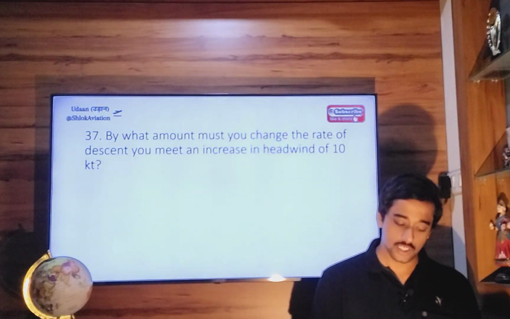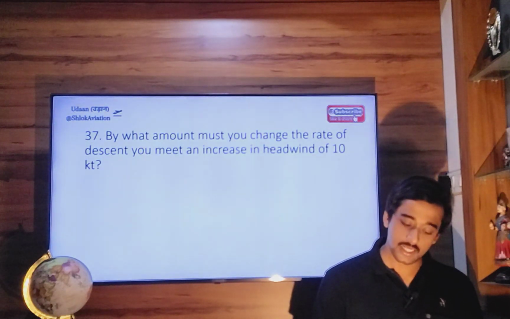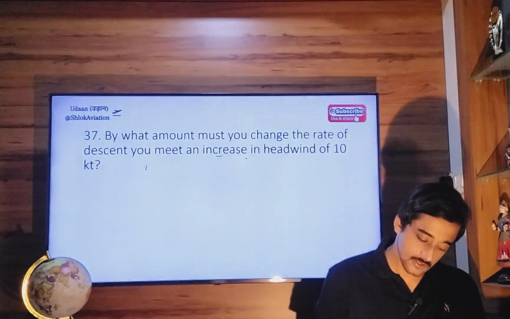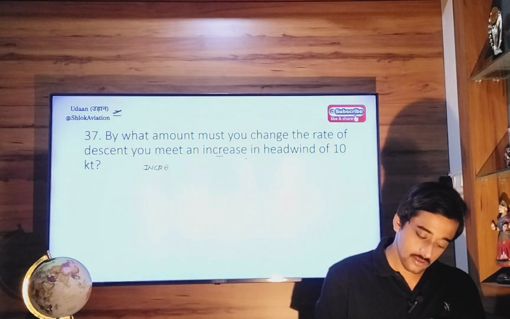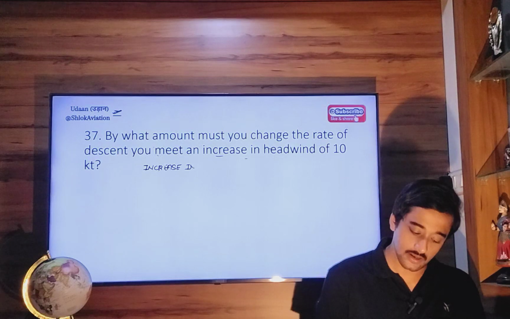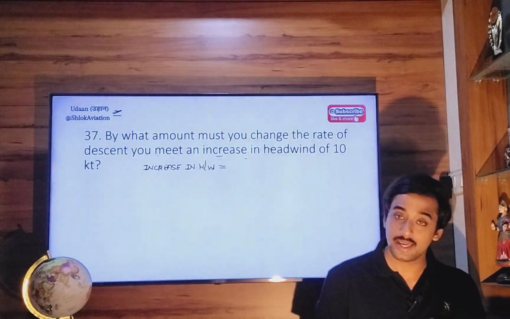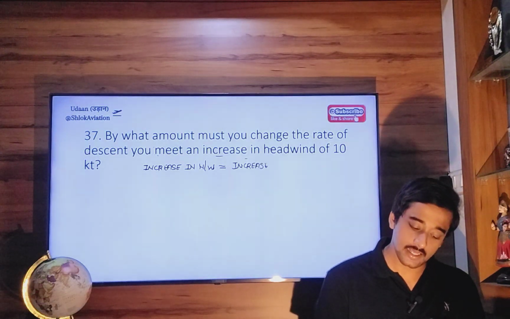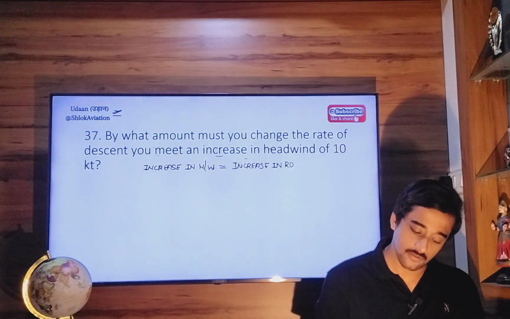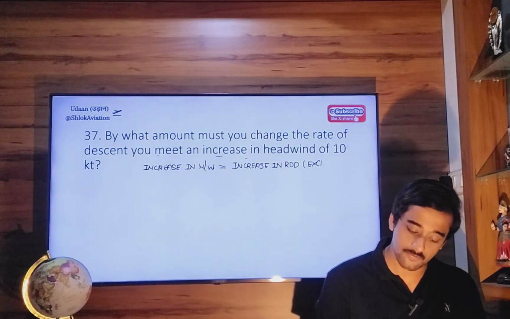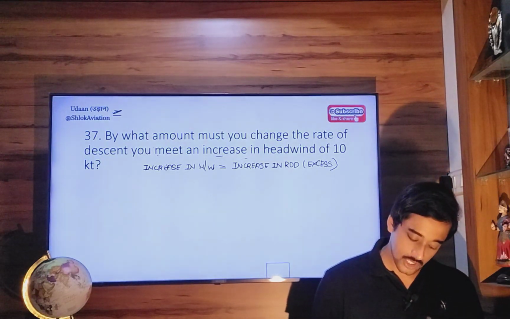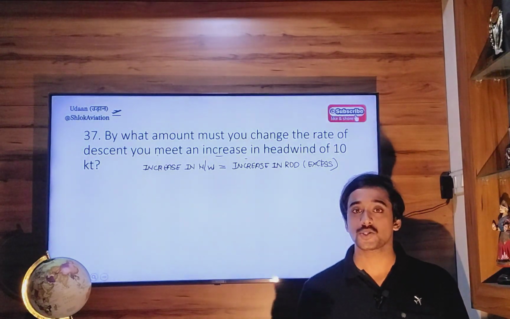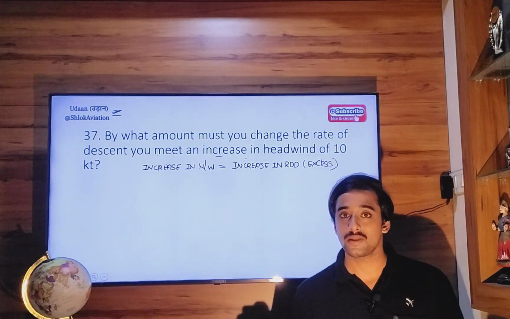By what amount must you change the rate of descent to meet an increase in headwind of 10 knots? An increase in headwind component, I've done this many times, will be accompanied by an automatic, excessive increase in your rate of descent. So this is the problem. The solution will be to control your rate of descent, to stop it from exceeding a particular normal limit.